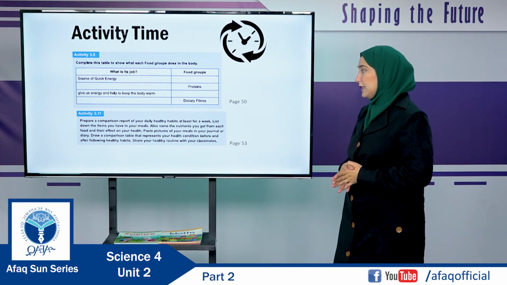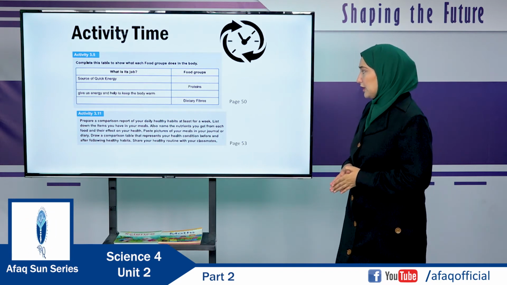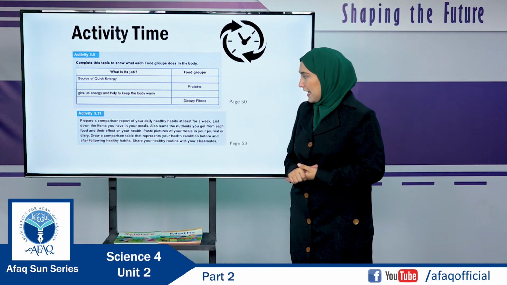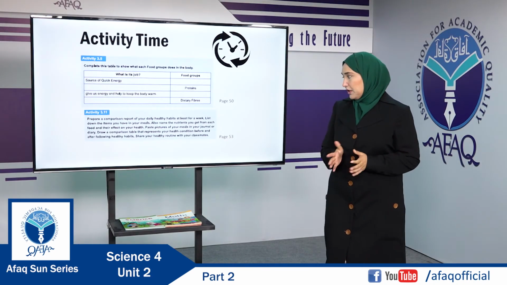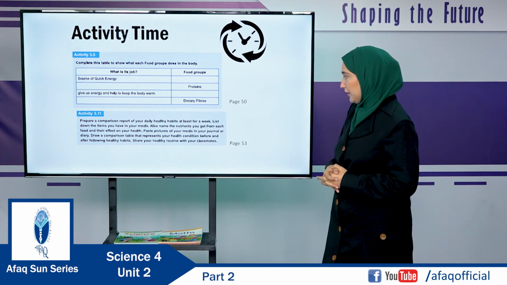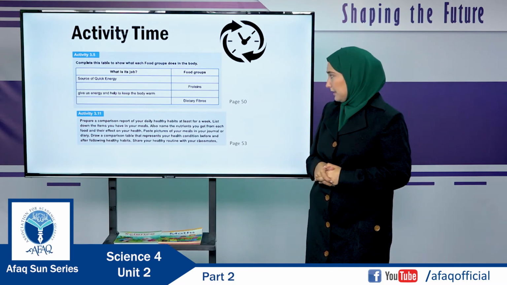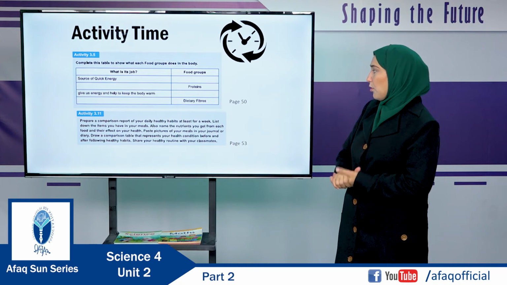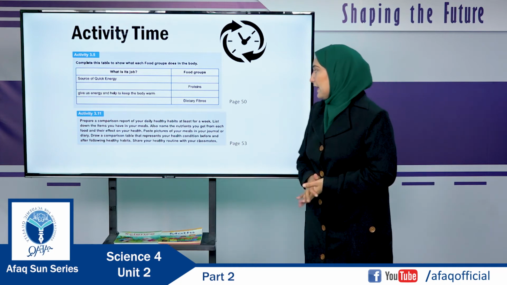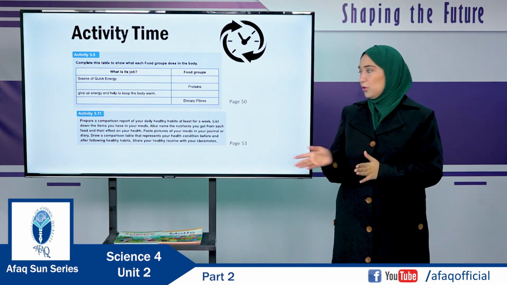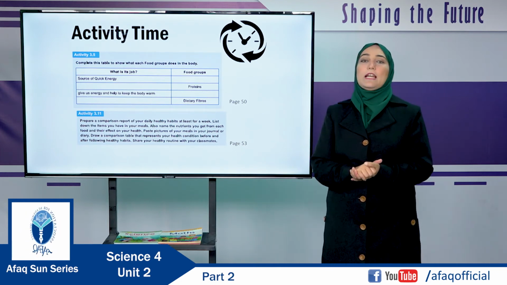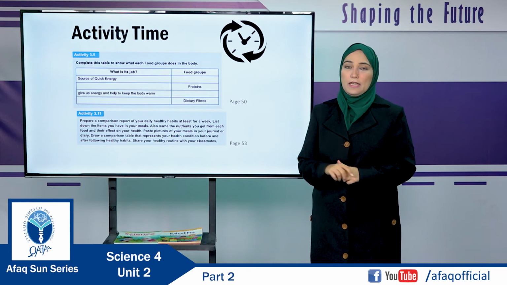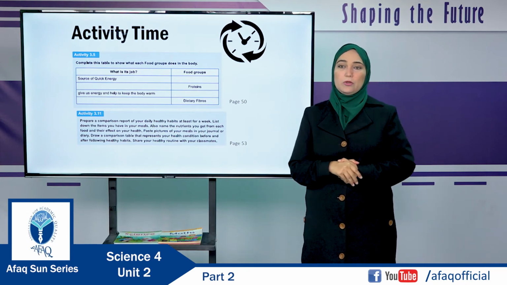Draw a comparison table that represents your health conditions before and after following healthy habits. You have to make a journal and paste pictures of your meal in that journal, and then draw a comparison table that will represent your health condition before and after following healthy habits, and share your healthy routine with your classmates. So you must solve these activities and show it to your teachers.